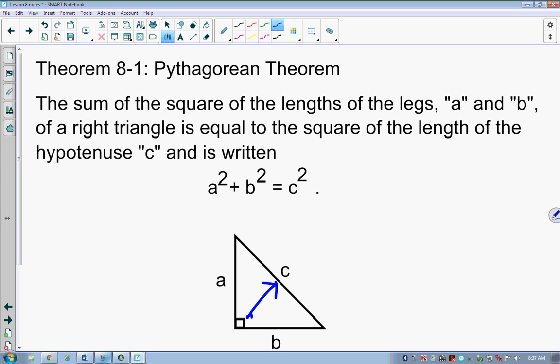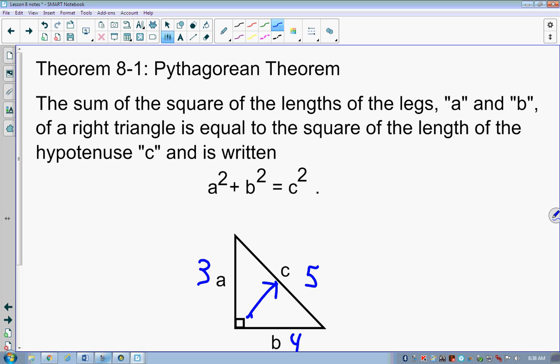So if you know where the hypotenuse is, A and B, it doesn't matter which one is A and which one is B. The only one that matters is C. Because with these side lengths, let's say we have a 3, 4, 5 right triangle. 3 squared plus 4 squared does equal 5 squared, because 3 squared is 9, 4 squared is 16, 9 plus 16 is 25, 5 squared is 25.